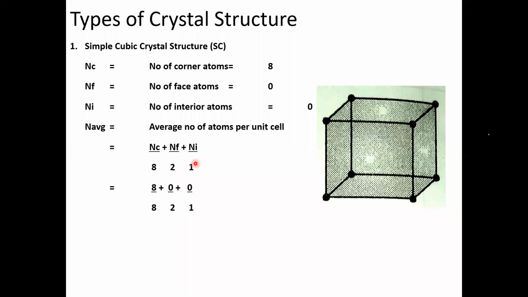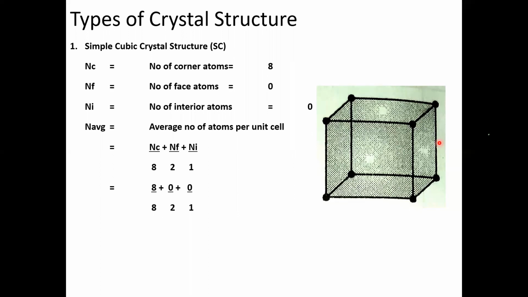In cubic structure, the corner atoms are shared by 8 cells, that is 4 from below, 4 from above. Face atoms are shared by 2 adjacent cells. An atom in the interior is shared by only 1 cell.